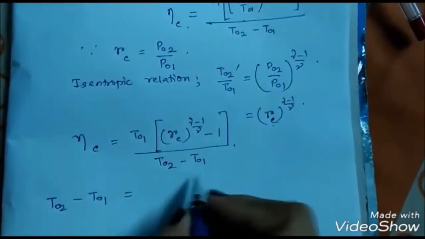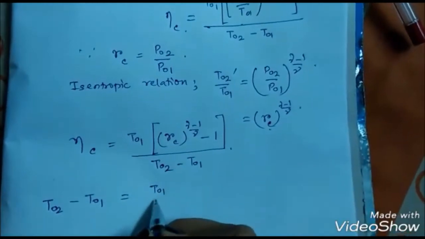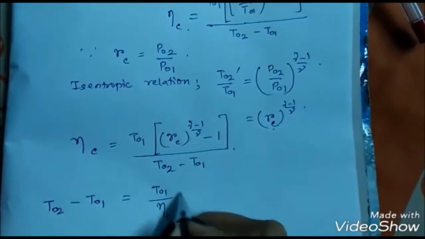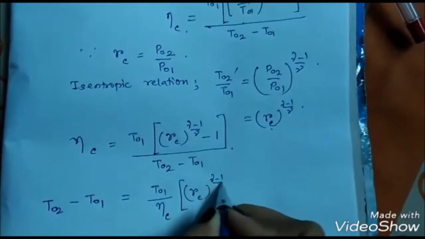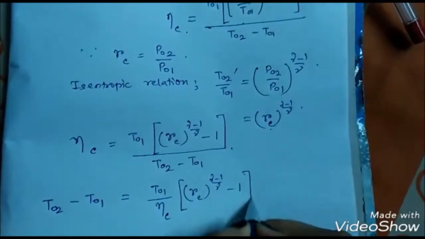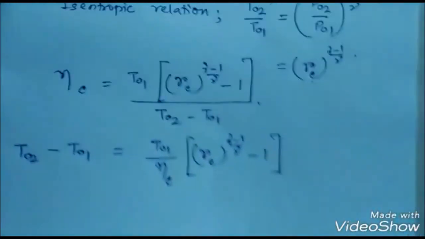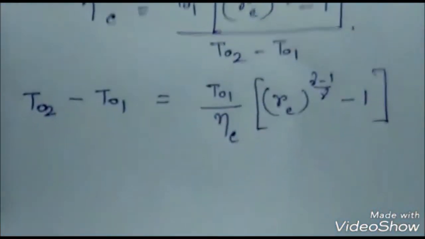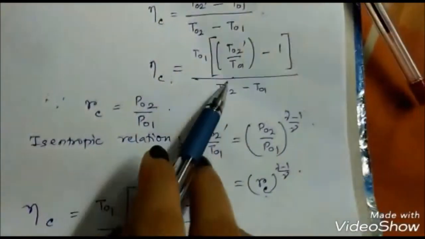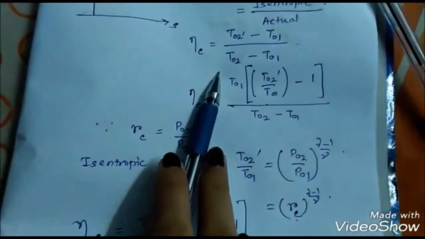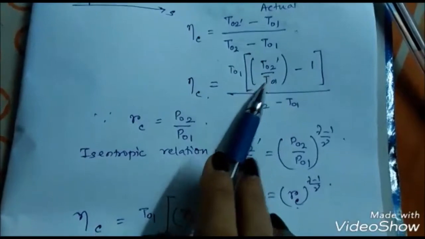So how can we find it: T01 by eta c into Rc to the power gamma minus 1 by gamma, minus 1. In some textbooks you can see this formula has been given to you, so no need to worry about it. Remember the basic formula. This is a basic formula, and you know the procedure.